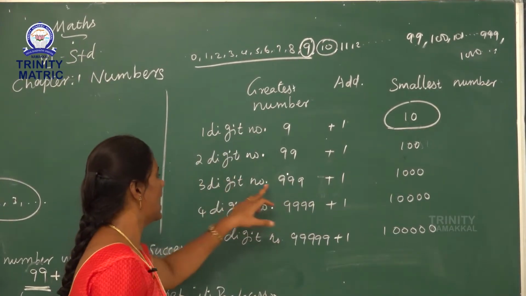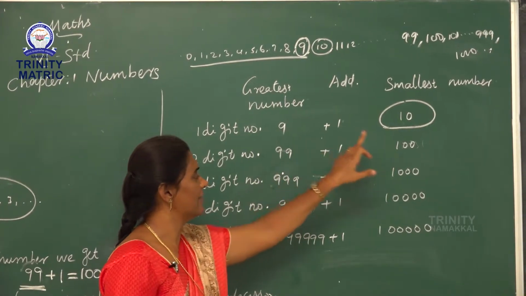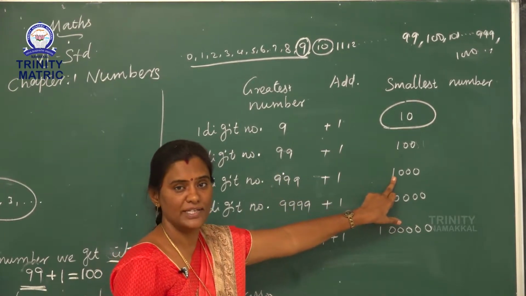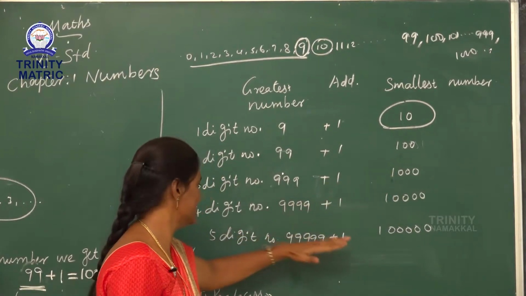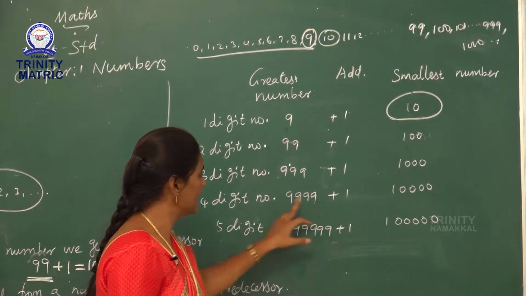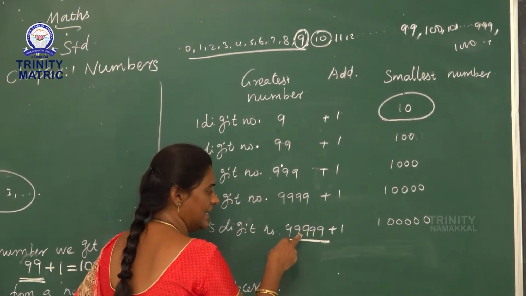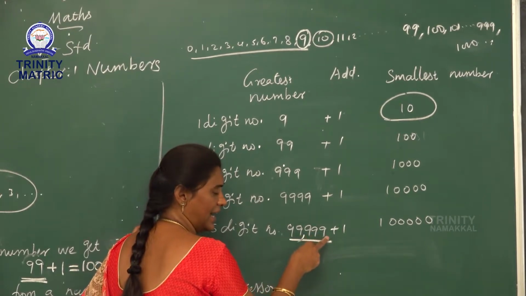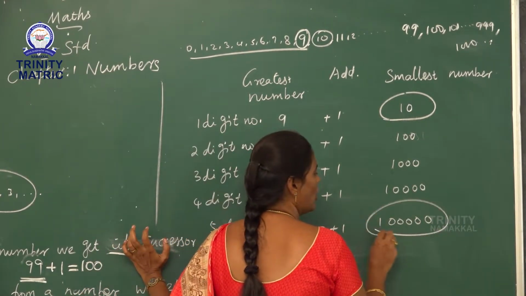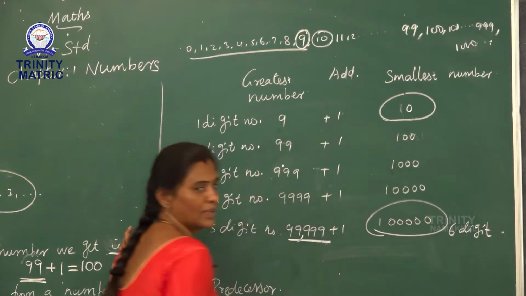Then when we add 1 to the greatest 3 digit number, we get the smallest 4 digit number. Like this, we add 1 to the greatest 5 digit number. What is the greatest 5 digit number? 99,999. We get the smallest 6 digit number.